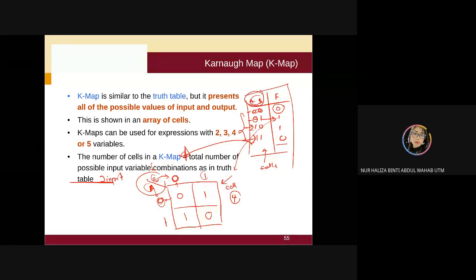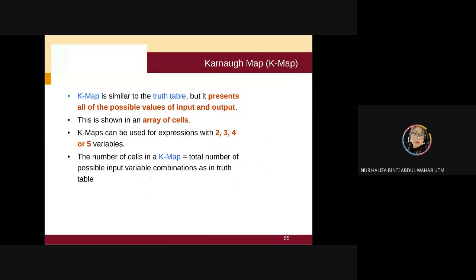Let's say you have 3 inputs. You have 2 ways to draw. You can have A, B at this side and C here. Of course, you cannot do it like a normal table, so you need at least one input here and another input there. If you have 3, you're going to have it like this.